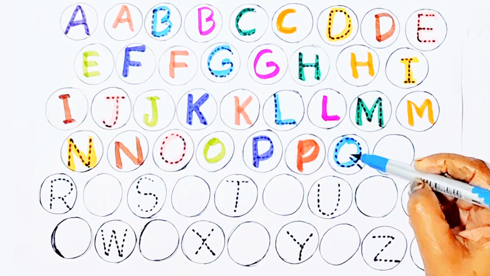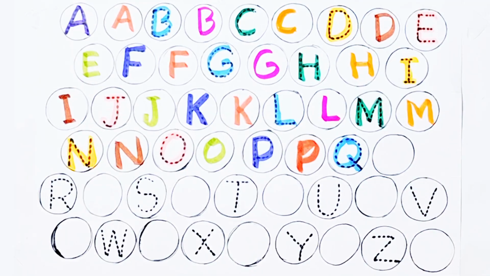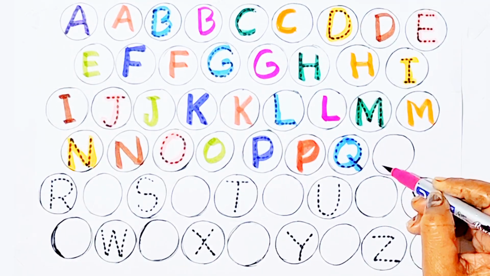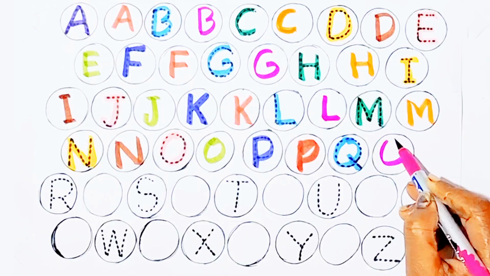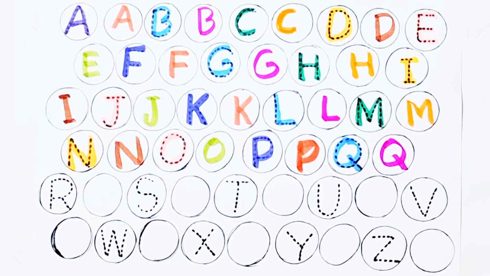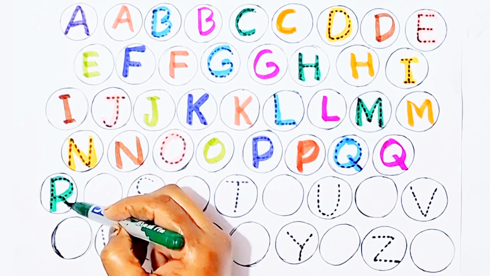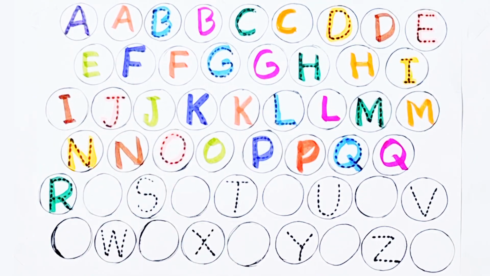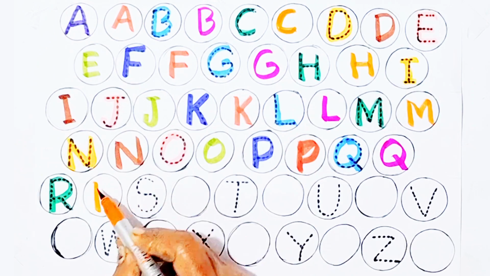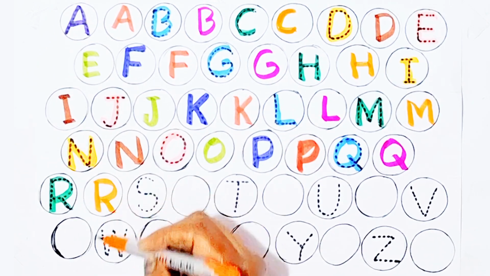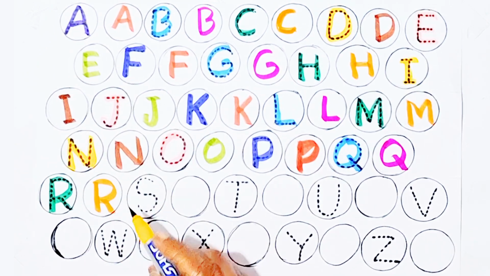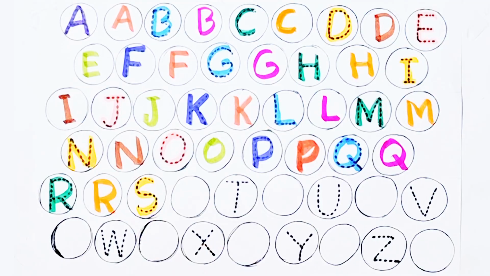Q. Old MacDonald had a farm, E-I-E-I-O. And on his farm he had some sheep, E-I-E-I-O. With a here and there, here, there, everywhere. Old MacDonald had a farm, E-I-E-I-O. Old MacDonald had a farm, E-I-E-I-O.